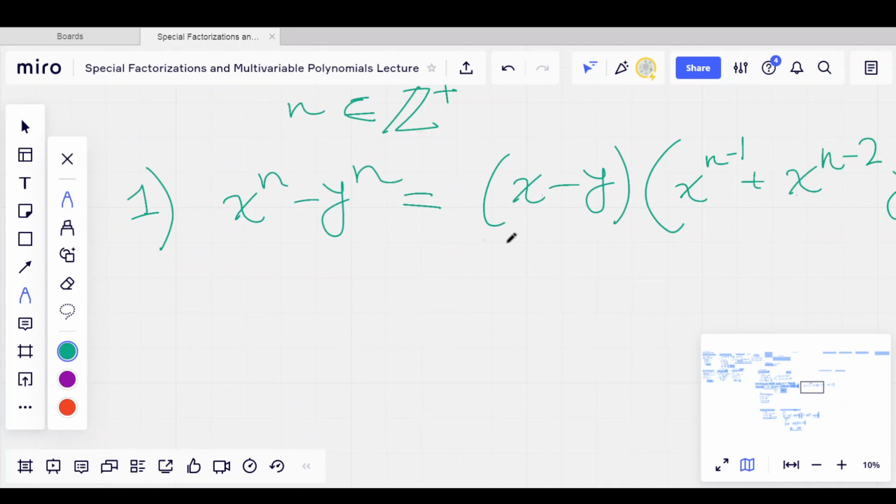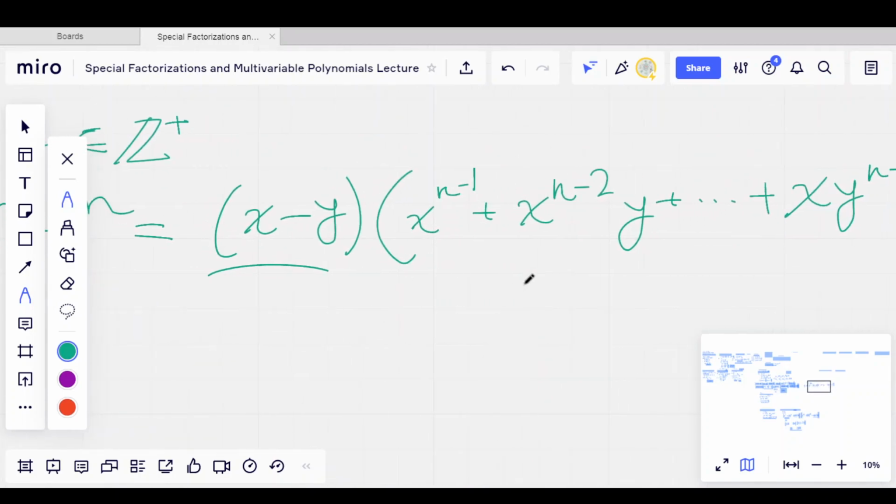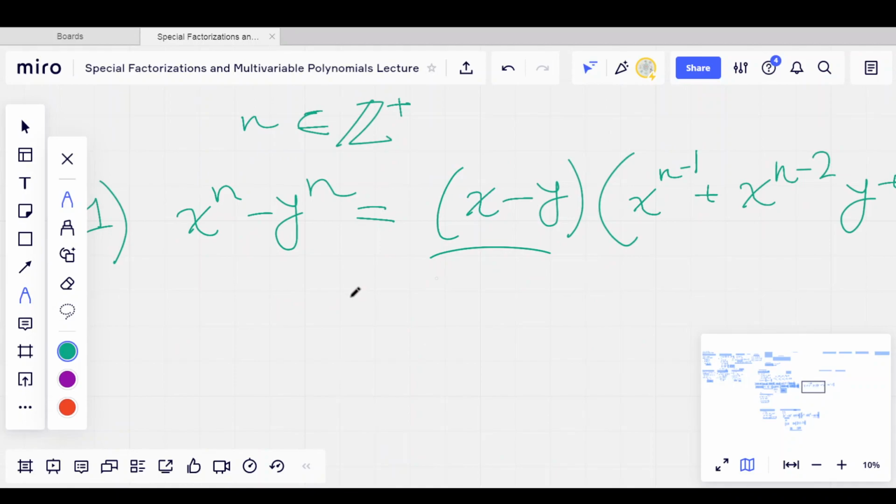So we're basically saying that x minus y is a factor of this expression. If you don't see why, you can also just divide by this x minus y, and this will be a geometric series.